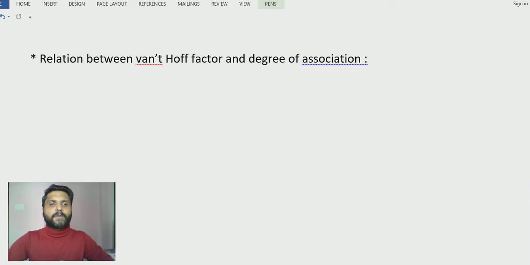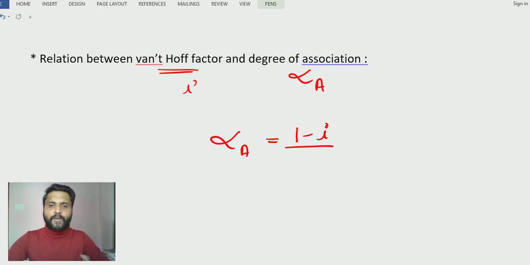What is the relation between Van 't Hoff factor i and the degree of association? Let me take alpha A. So degree of association alpha A is the reverse. Previously I got i minus 1, so now it is 1 minus i. Also previously I got n minus 1, now it is 1 minus 1 divided by n. You have to remember. Okay students? So here alpha stands for the degree of association, A stands for association, and i is the Van 't Hoff factor as usual.